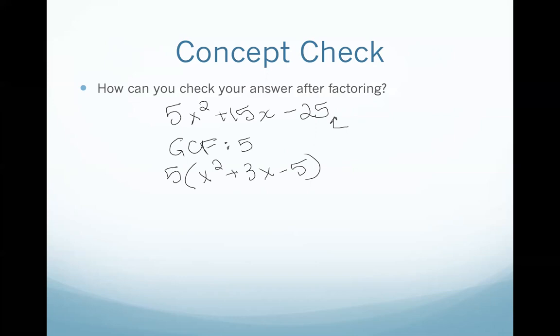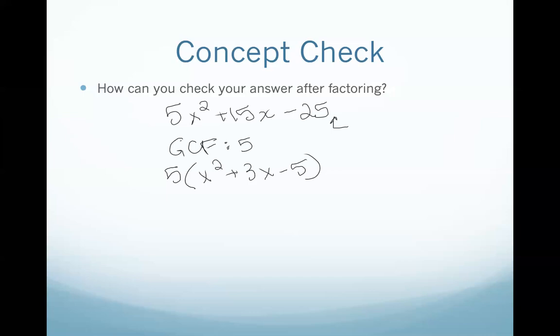But how can I make sure that I did it correctly? I want you to type in the Edpuzzle now what you think you could do to check this answer. Okay, so what I would do to check this answer is I would distribute back. The opposite of factoring is distributing.